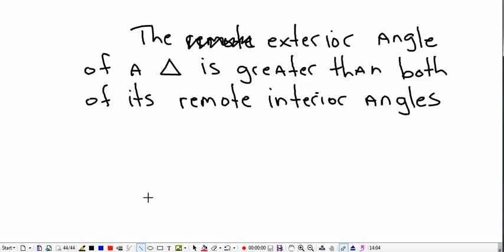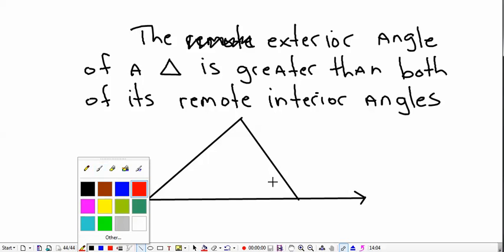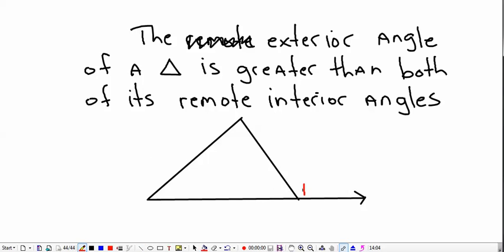And here's what a picture would look like. If this is angle 1, 2, and 3. We talked earlier in the year and we said that an exterior angle, angle 1, is equal to the sum of its two remote interiors, right? If that's the case, then doesn't angle 1 have to be greater than angle 2?